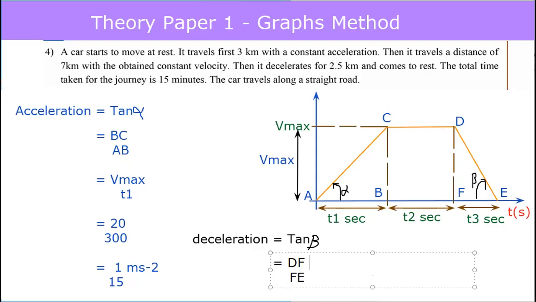So DF is equal to Vmax. FE is T3. We know that Vmax is 20. Somebody please unmute the mic and tell me what T3 is. 250 seconds.